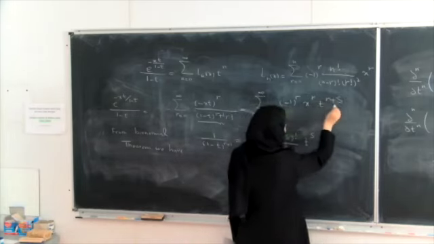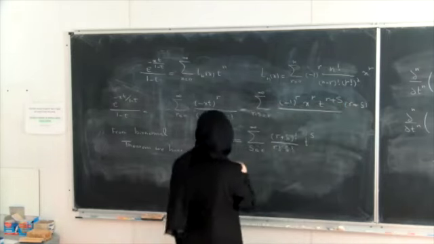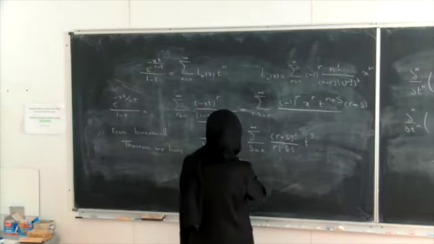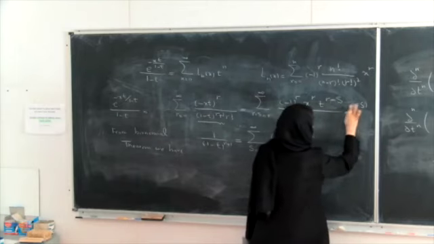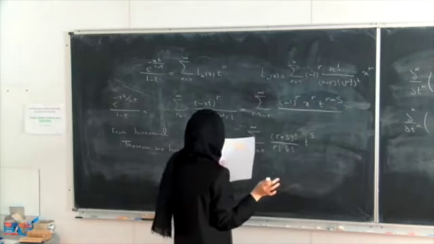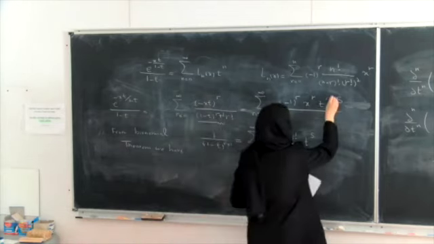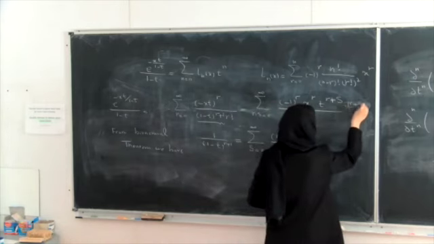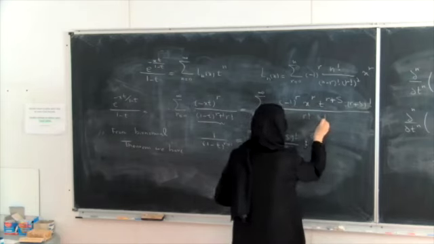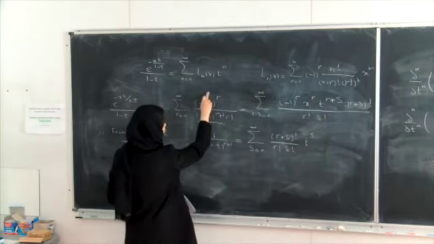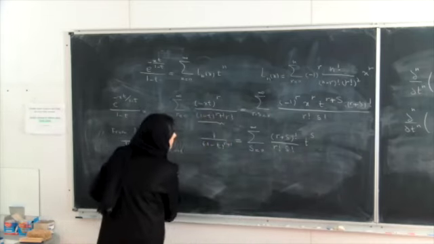So we can write t^(r+s), with (r+s) factorial over r factorial s factorial, because 1 divided by this equals this summation.